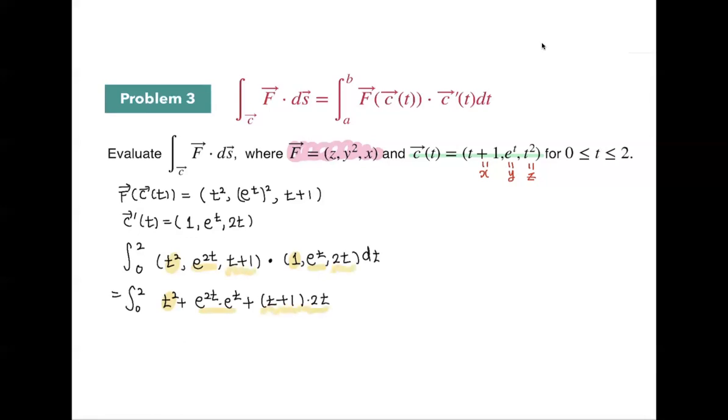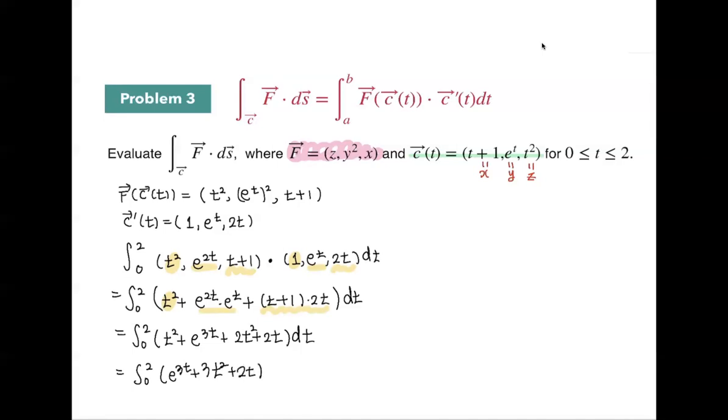I calculate the dot product here, and we want to integrate this function. Let's simplify it first: t squared plus e to the 3t plus 2t plus t squared plus 2t. And it is the integral from 0 to 2 of e to the 3t plus 3 times t squared plus 2t dt.